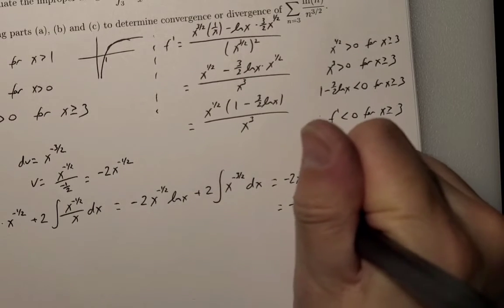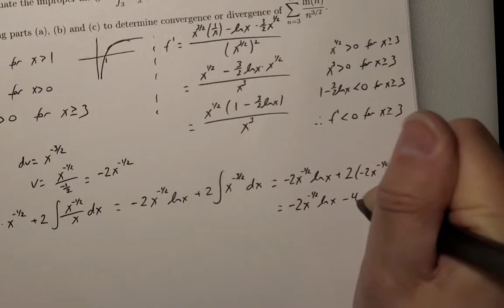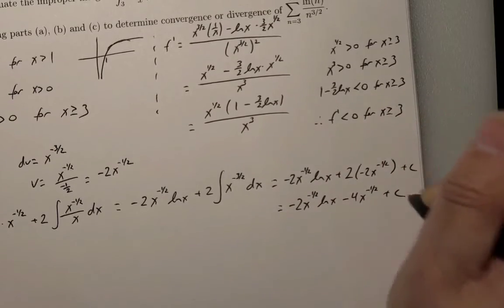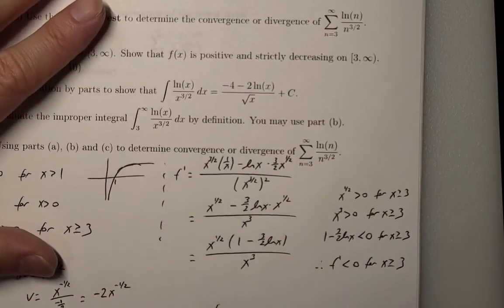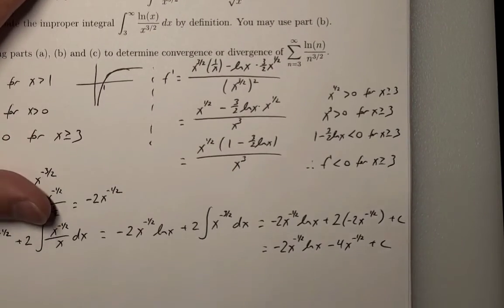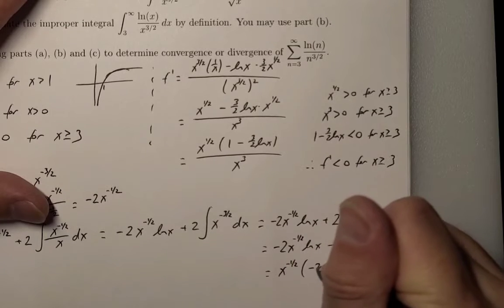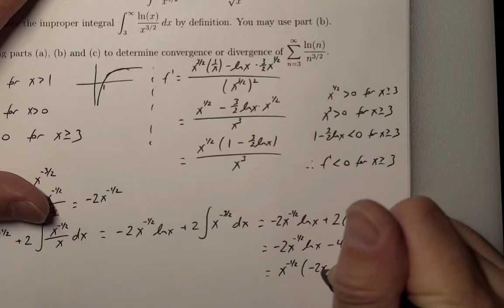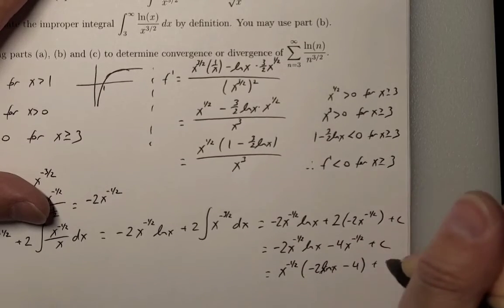We can even simplify a little bit. Plus c. If we want to make it look exactly like this, we can factor out the x to the negative half. So we would be left with minus 2 ln x minus 4 on the inside.